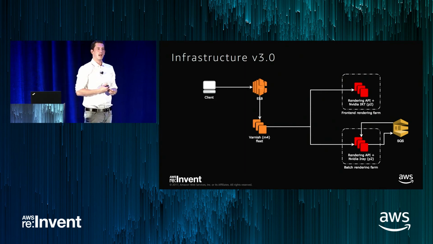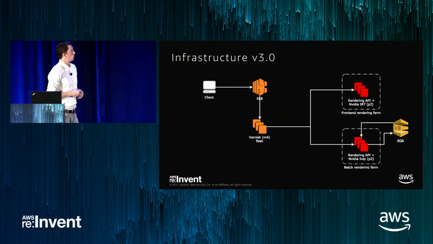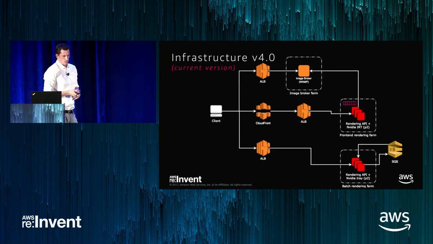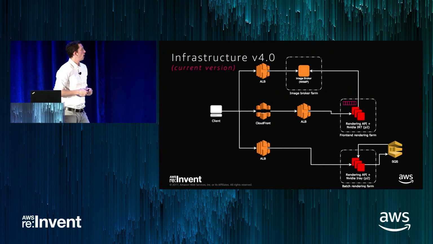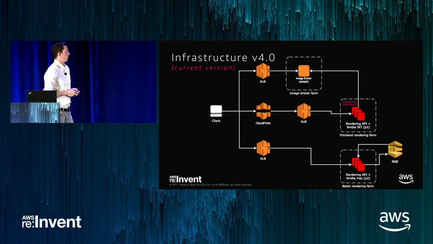But we still had this issue of not being extremely efficient by load balancing our traffic. We always had this problem of having a few machines idling around and others being overused and doing many renderings at the same time. So we added a new version of our infrastructure.